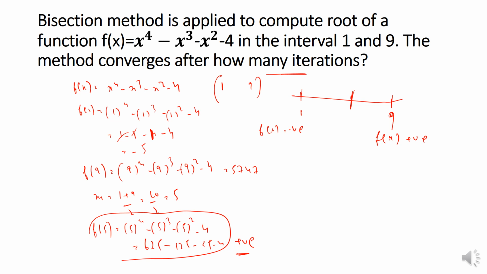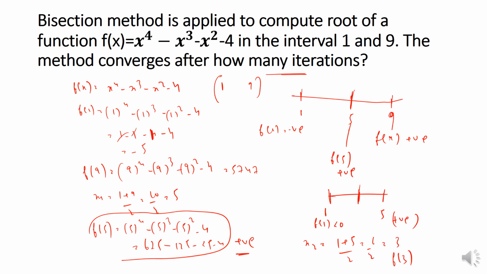So f of 5 is a positive value. Now I have 1 and 5, f of 5 is positive, f of 1 is negative, so our root will lie in between these two. So x2 is equal to (1 plus 5) by 2, which is 6 by 2, which is 3. Now we need to find f of 3.